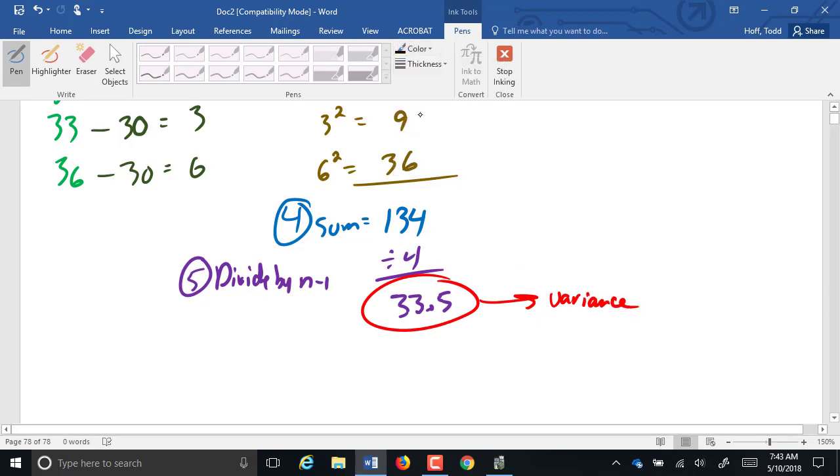To get our standard deviation, we have to do one more step. Square root. Square root of 33.5 gives us 5 point... we'll go 5.79.